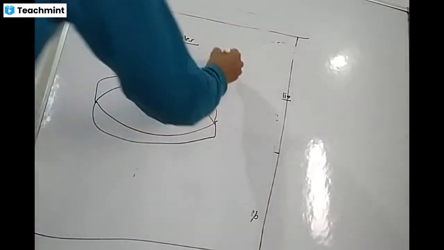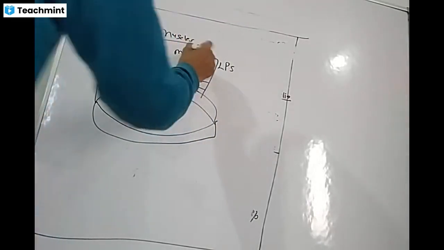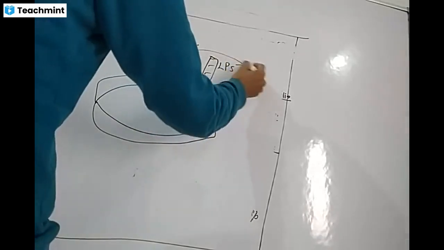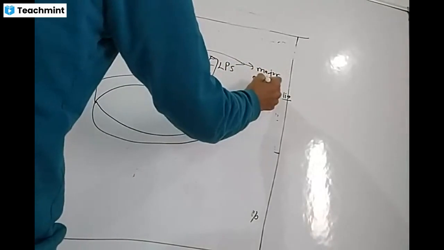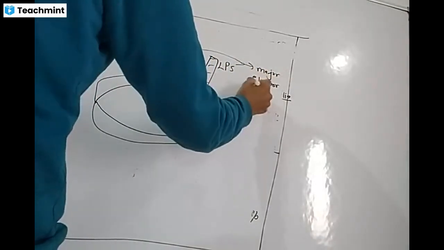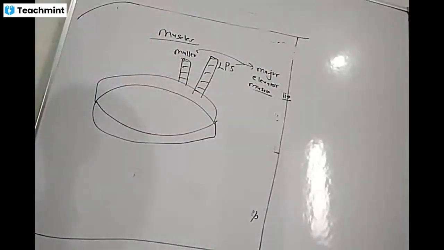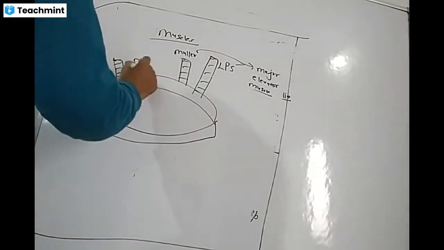These two are LPS and Muller muscle. These two are known as major elevator muscles. It means these muscles help in elevation of upper eyelid. These are major ones.